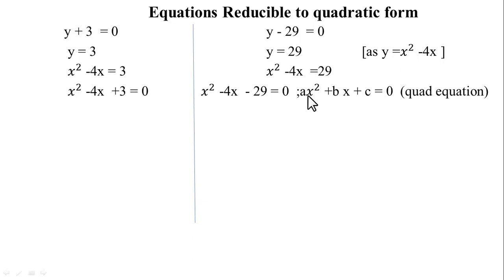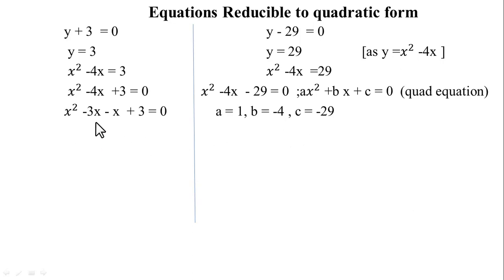Quadratic equation is ax square plus bx plus c is equal to 0. After midterm breaking, the first equation changes to x square minus 3x minus x plus 3 is equal to 0. In the next equation, a is equal to 1, b is equal to minus 4 and c is equal to minus 29, after comparing both equations.